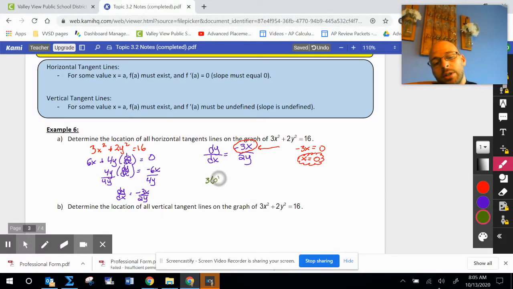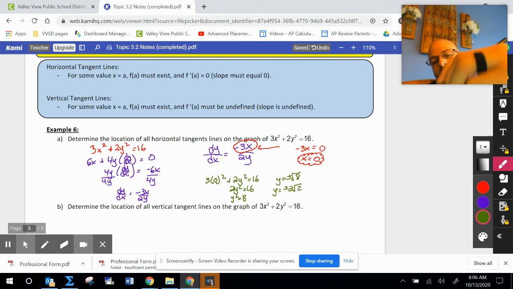So 3 times 0 squared plus 2y squared equals 16. 0 squared is 0, times 3 is still 0, so I have 2y squared equals 16, or y squared equals 8, and y equals plus or minus the square root of 8. If you want to reduce that radical, you can. You don't need to, but I get plus or minus 2 square root of 2.